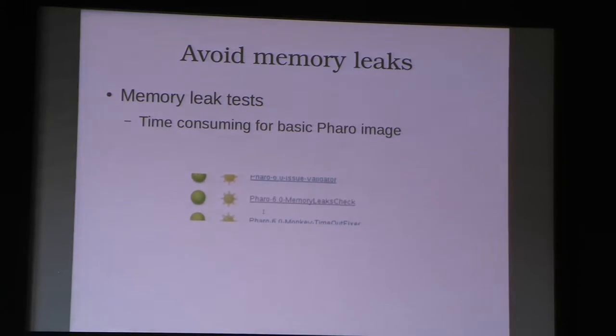That's because of some subscriptions to jobs and so on. So if you would use it as a standard test, you would need to wait 30 seconds. If you want to test your project quickly, you would have to wait. So it's not a good idea. That's why we have a special CI job for testing memory leaks.